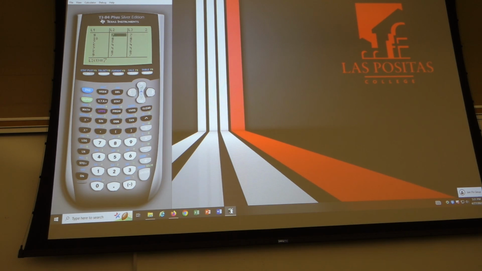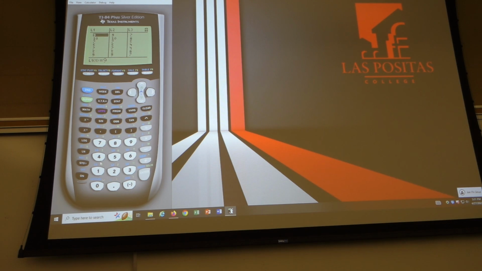And then I need my L2 to be L1, so I'll go up to L2 and do second L1. Remember, you can't do that one first, because then you'd overwrite L2 and you'd lose all the data you typed in there, you'd have to type it in again. And then in L1, you're going to go up to L1, and again, your cursor has to be on the L1. You can't do it here.